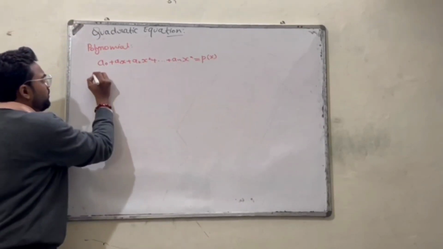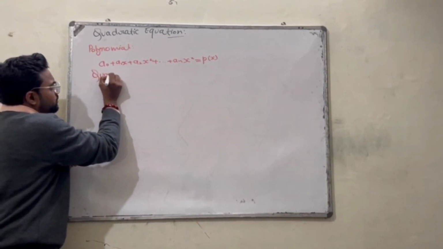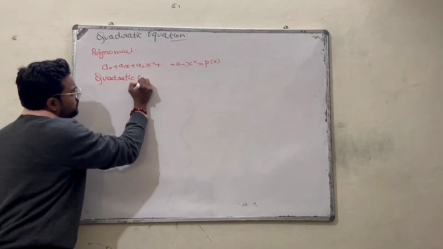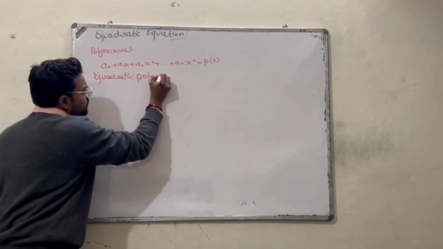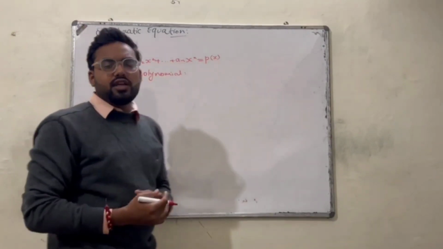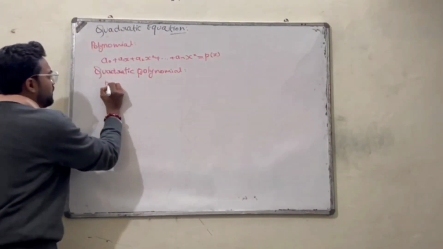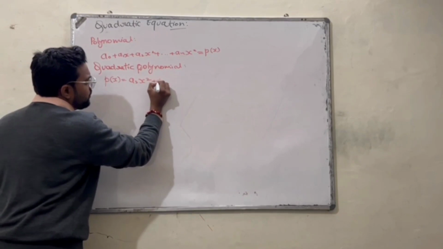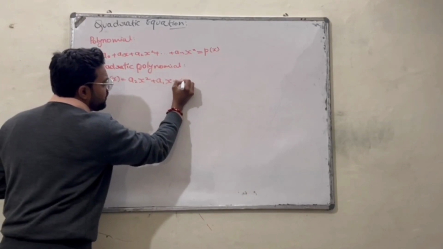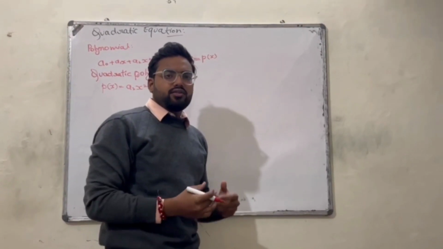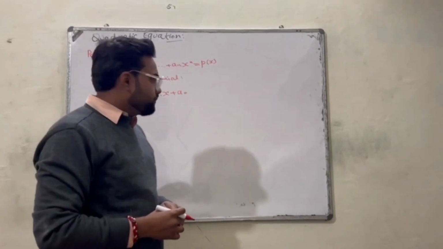Okay. What is quadratic polynomial? A polynomial whose degree is 2 is known as quadratic polynomial. Okay. Now let's define what is quadratic equation.